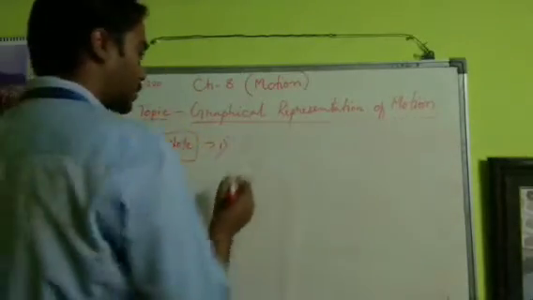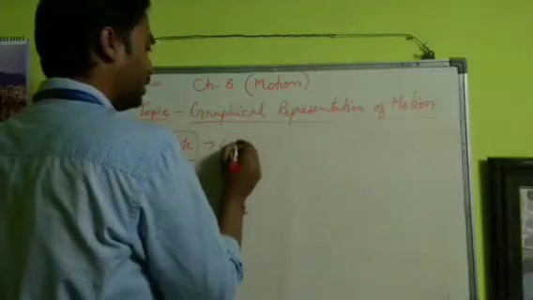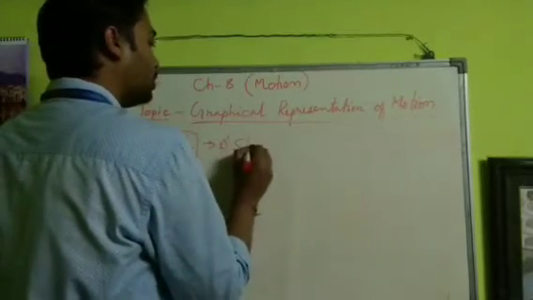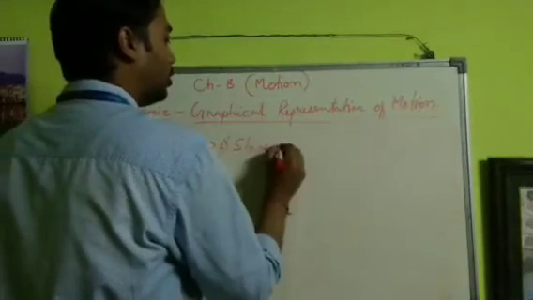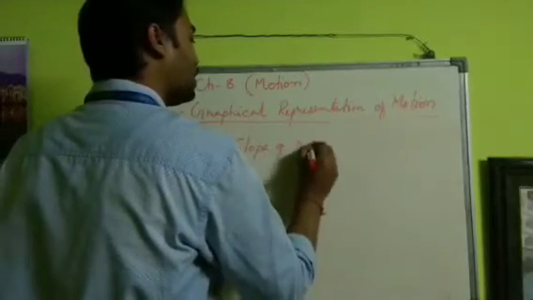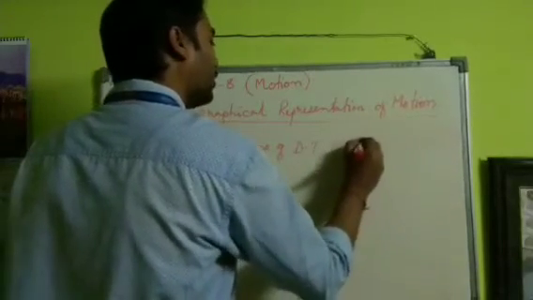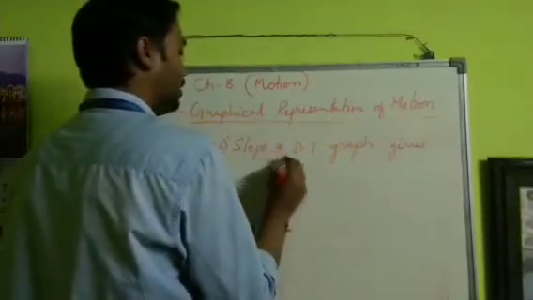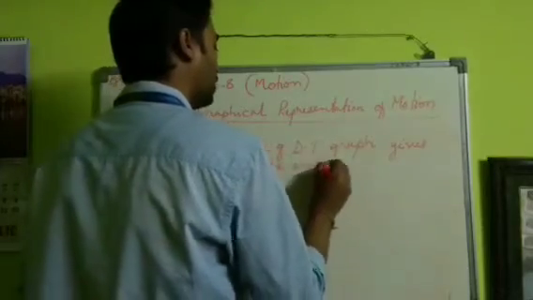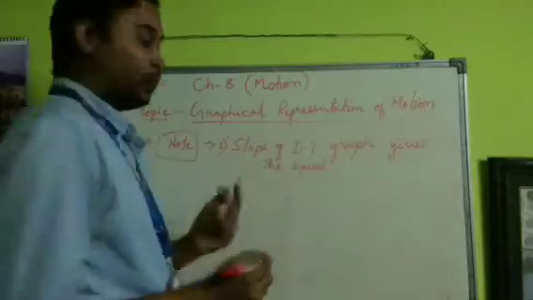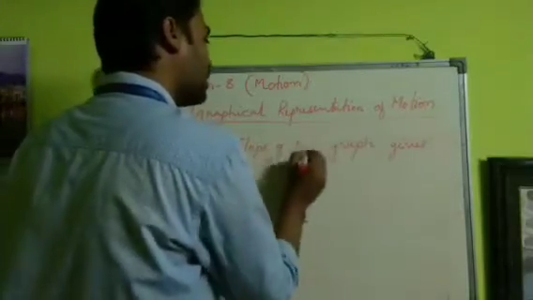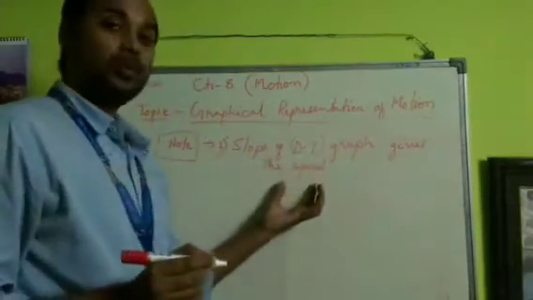To calculate speed, how can we find speed? So slope of distance time graph gives the speed. Similarly, now we know speed is distance by time.